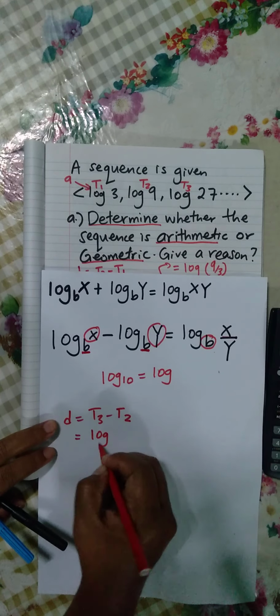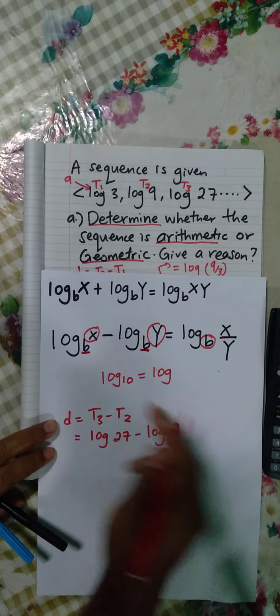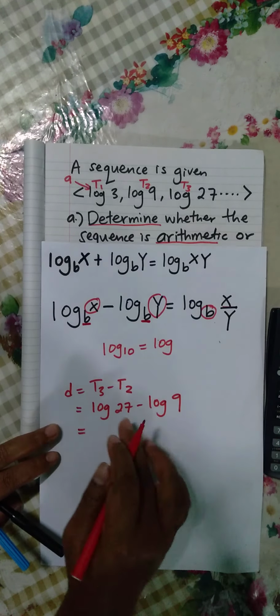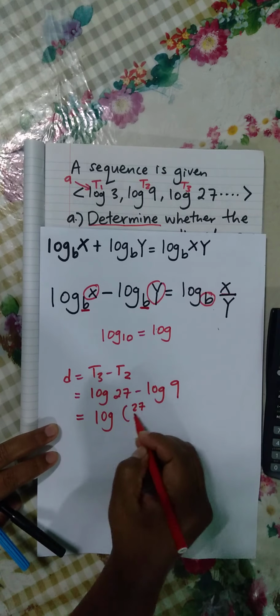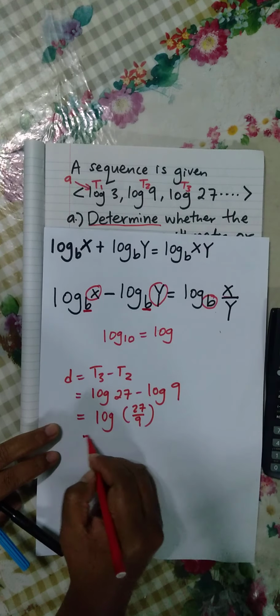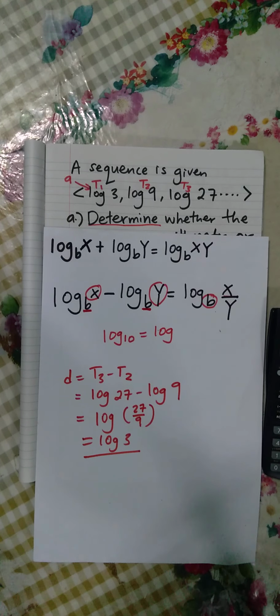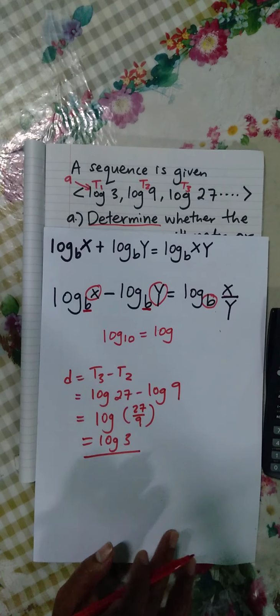That means log 27 minus log 9. Following this property of log, we will have to divide the two numbers. So just one log, 27 divided by 9, and 27 divided by 9 gives us 3. So also log 3.